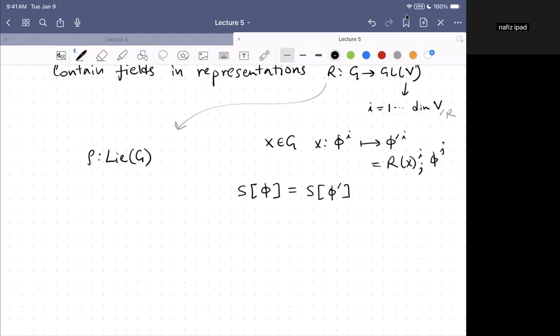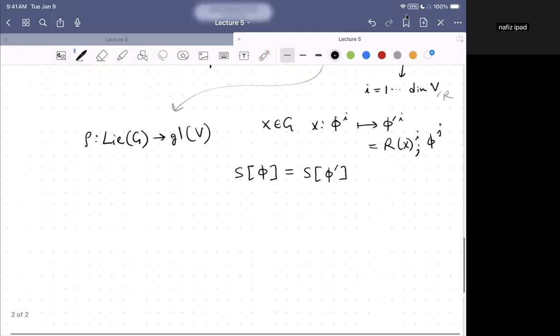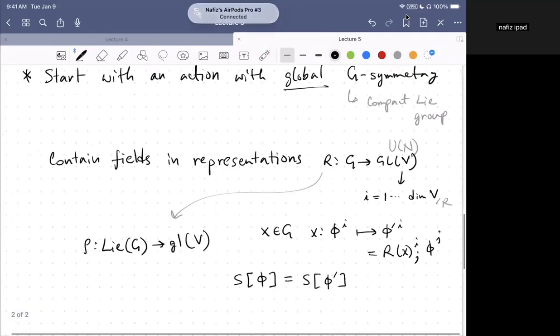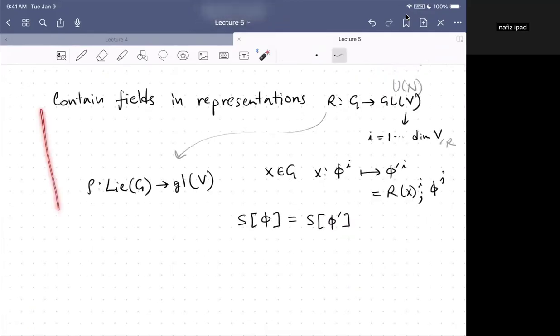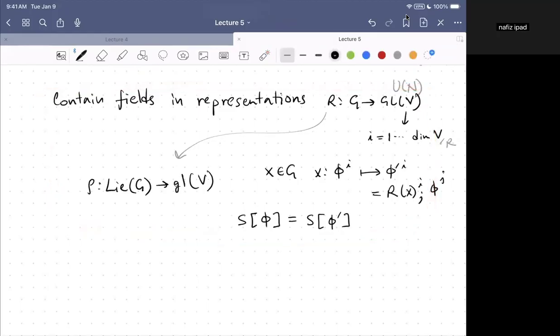From the Lie algebra of the group to all matrices acting on the same vector space. All matrices that act on V, not just invertible. Okay. So this is the data that you start with. This defines an action with a global symmetry given by G.